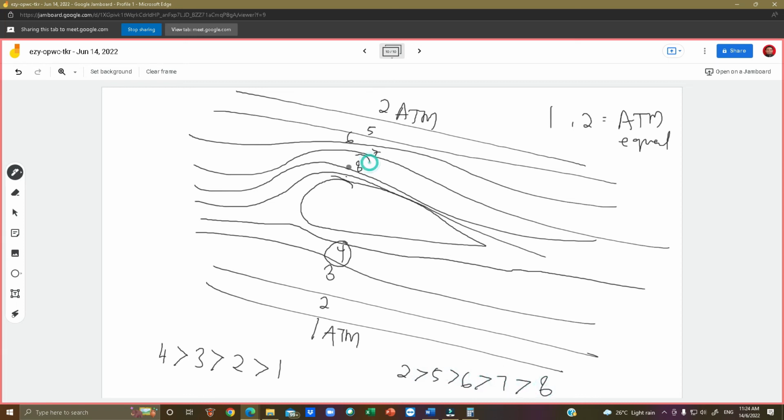Means that the 8 is the less pressure. Why? Because here the velocity is at the most. Okay. Jadi, kalau kita buat line of pressure dia macam ni. Ini yang paling tinggi. Ini yang paling rendah. Okay, this one is the lowest one. Jadi macam tu.